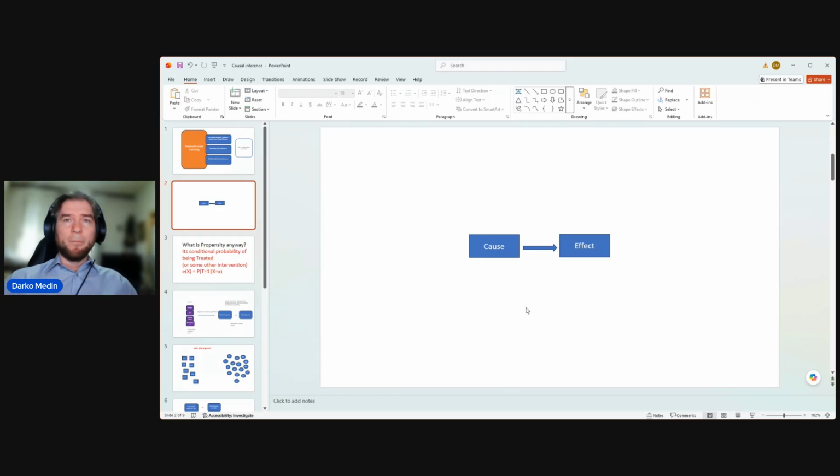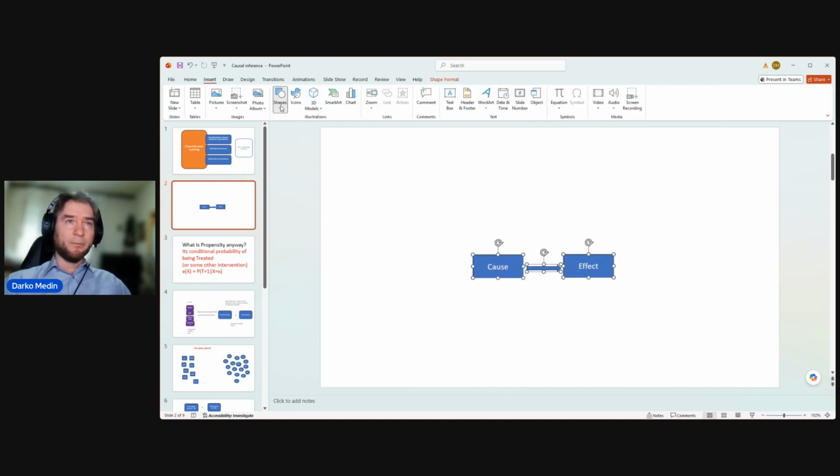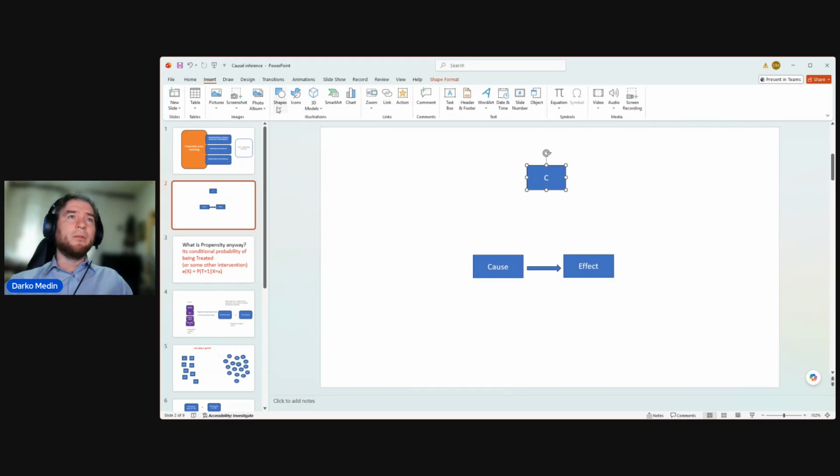So I'm going to now add another box here to illustrate why this is important. So let's say we add a box called C here, just C. What does the C mean? The C is a confounding variable that in theory, this confounding variable can complicate things for us.